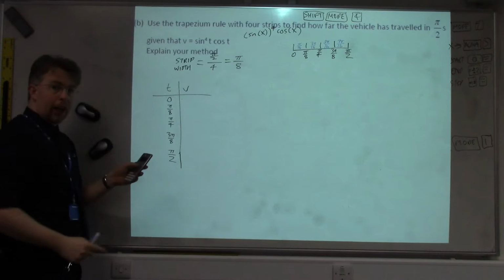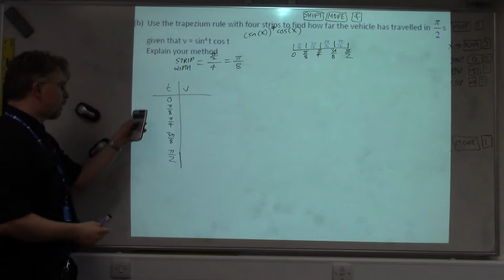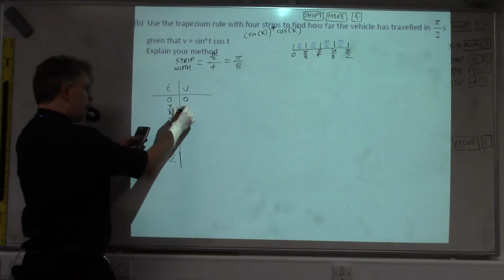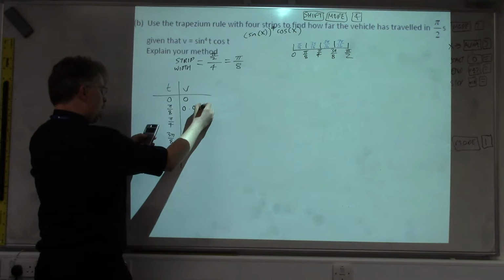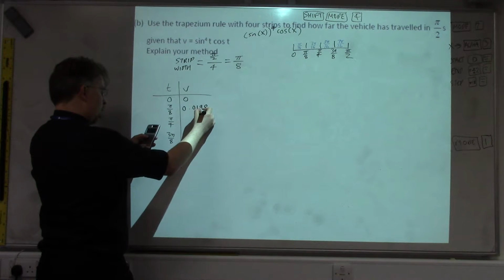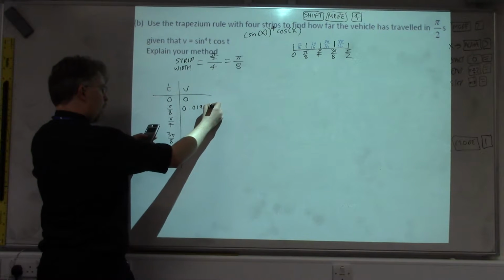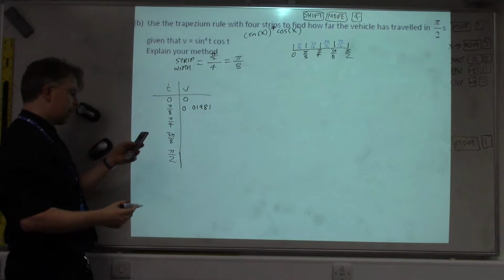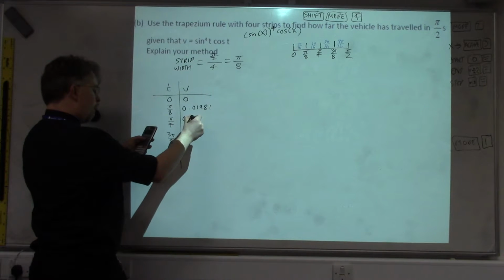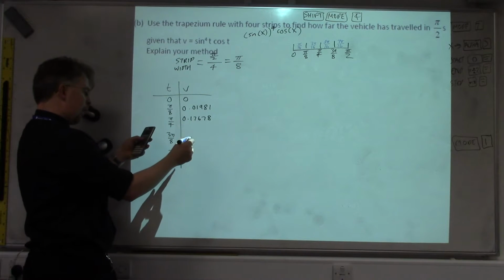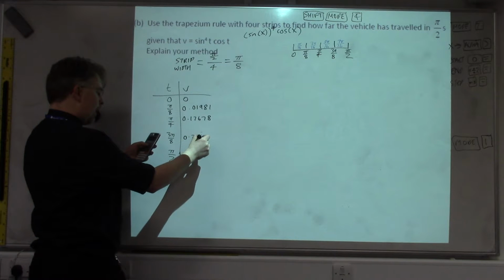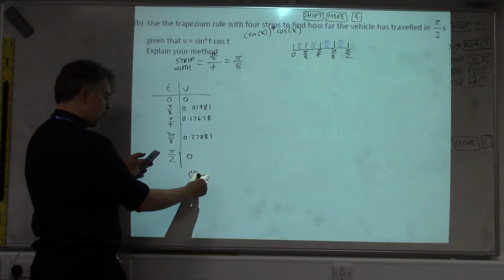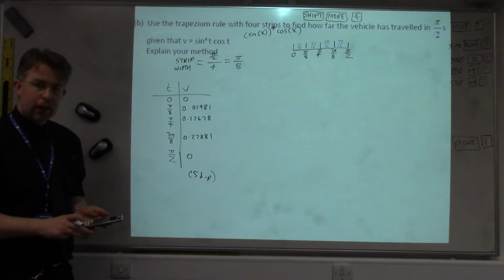Again, the values in the x column are just the decimal versions of these numbers. So sticking these in: 0, 0.01981, 0.17678, 0.27881, 0. The answers are given to 5 decimal places.